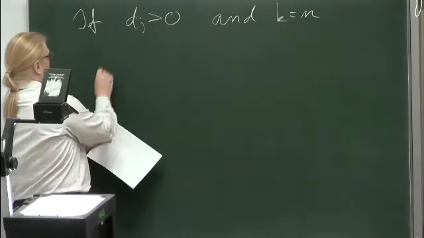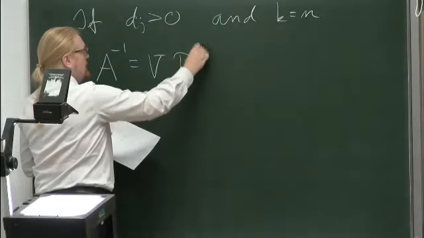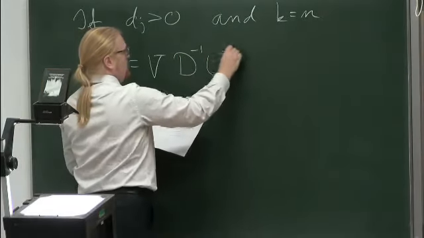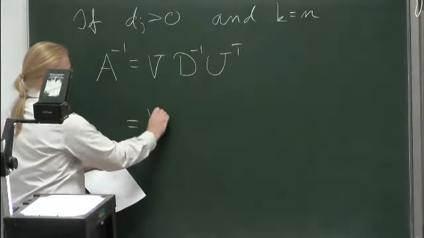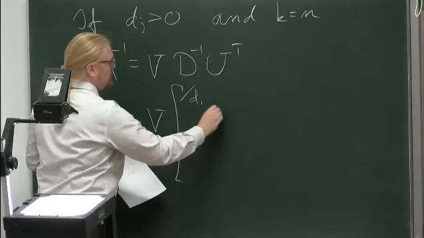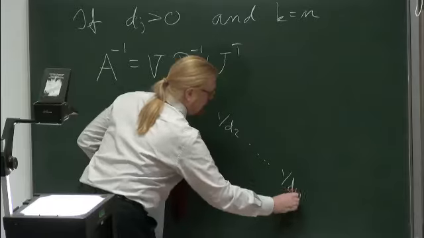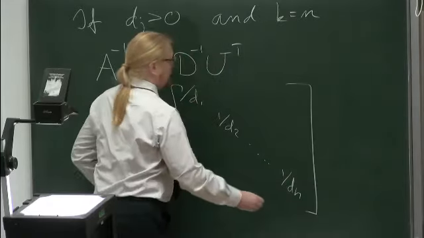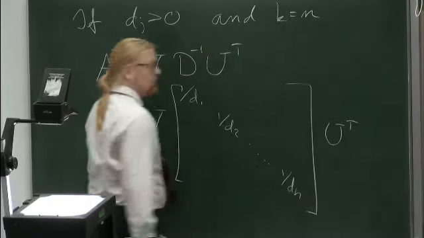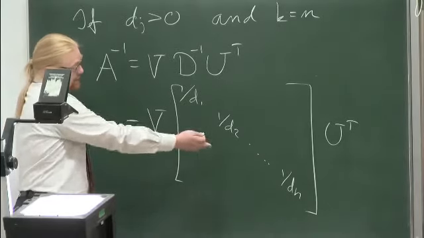In this case we can write A inverse is V D inverse U transpose, which I will write explicitly like this. We take 1 over d1, 1 over d2, and so on, 1 over dn, like this. So strictly mathematically speaking, in this case, we can just invert the matrix.